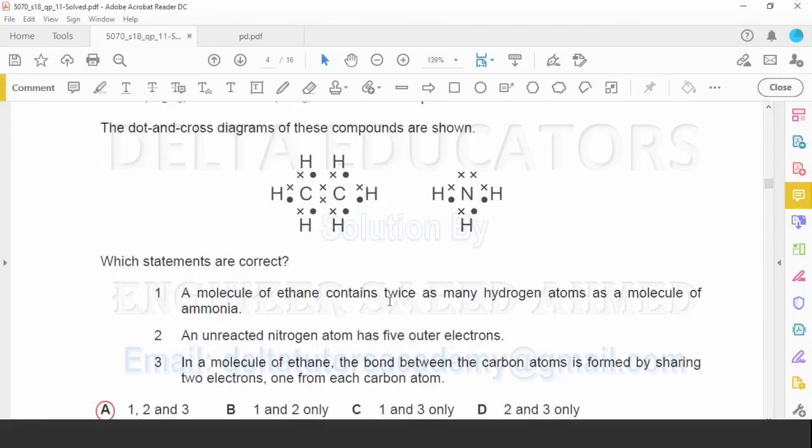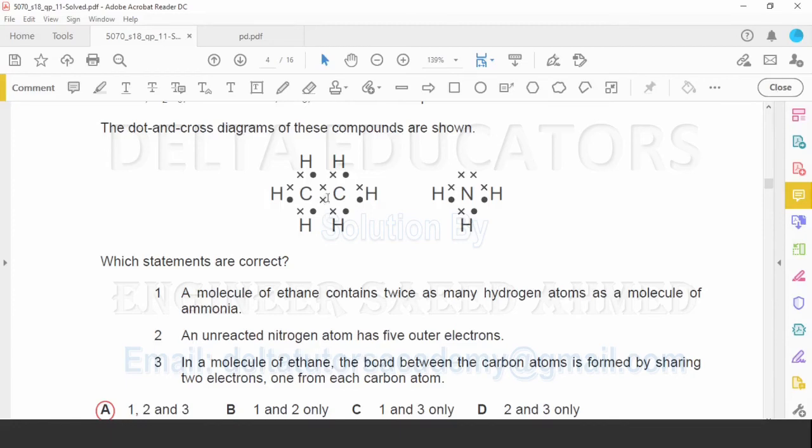Point 2, an unreacted nitrogen atom has 5 outer electrons. Yes, it is correct. Nitrogen is a member of the 5A group, so it has 5 electrons in its outermost shell. Point 3, in a molecule of ethane, the bond between the carbon atoms is formed by sharing 2 electrons, one from each carbon atom.